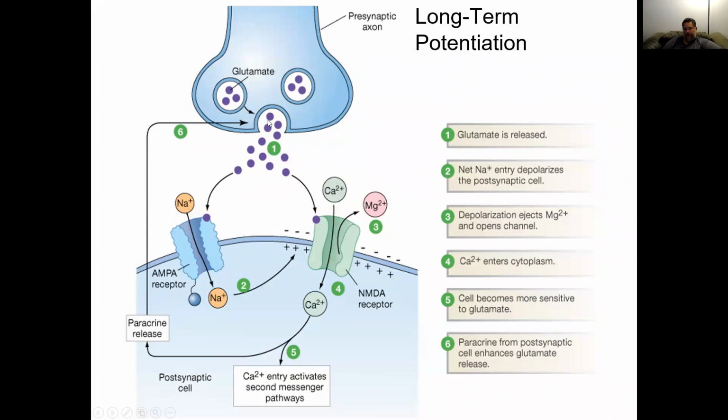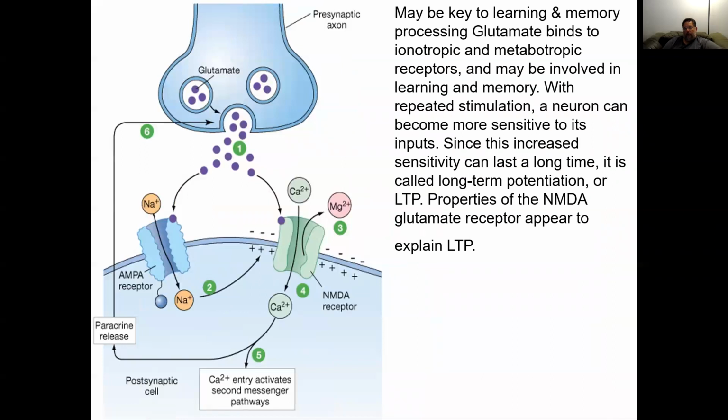And again, what's happening is this glutamate's attaching, causing sodium to come in and calcium to come in, causing a secondary pathway that causes the release of paracrines that come back, and they just start forming a stronger connection between these two cells. So again, this may be key to learning and memory. Glutamate functions as an ionotropic and metabotropic. Remember, ionotropic means ions, like sodium, calcium, whatever.